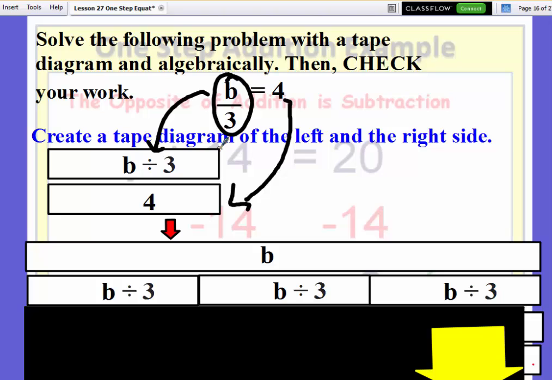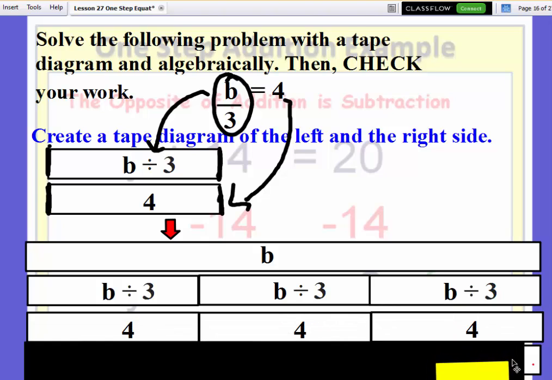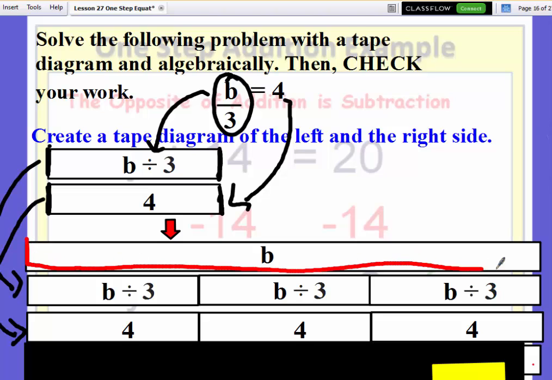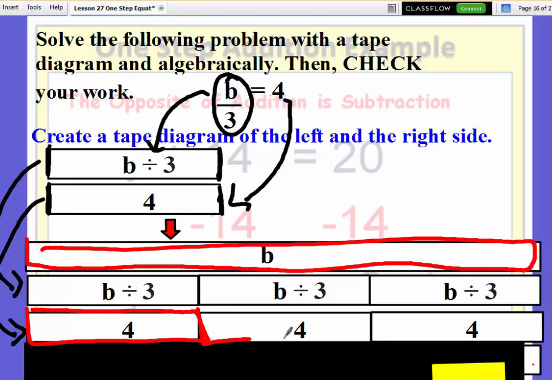Now, how big is each b divided by 3 group? Well, I look up here. This is why they need to be the same size. I know b divided by 3 is the same size as 4. So I can now add that part to my fraction bar. b divided by 3 is here. I know it's the same length as 4, so I can now substitute, and I'm left with b, my giant fraction bar, or my giant tape diagram, is the same as 4, and another 4, and another 4.